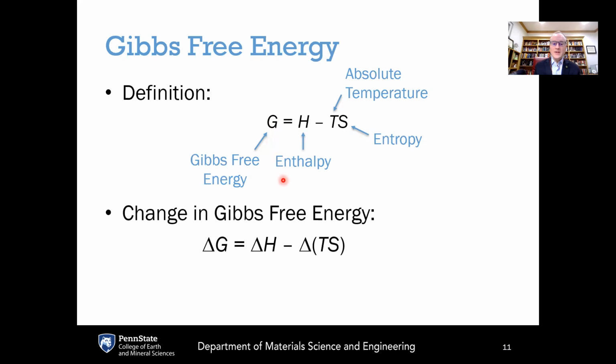So if we look at the change of Gibbs free energy, we've got the delta operator here, delta meaning change. So the change of the Gibbs free energy, we put change on the left-hand side and change on the right-hand side. So delta G equals delta H, the change of enthalpy, minus here the change of the product of the temperature and the entropy of the system.